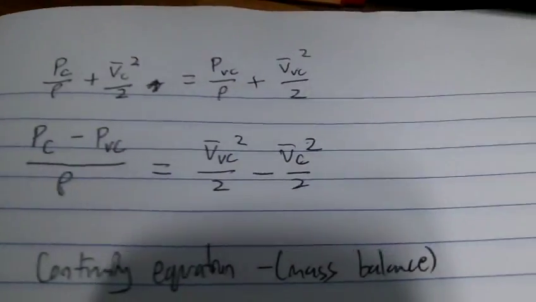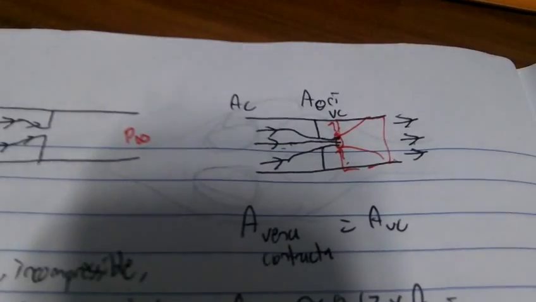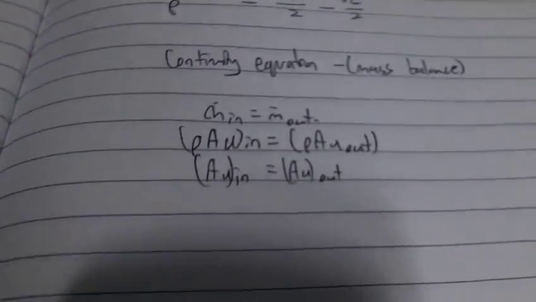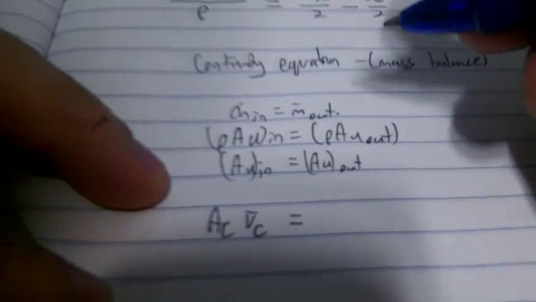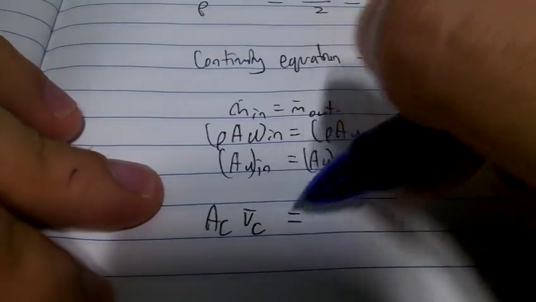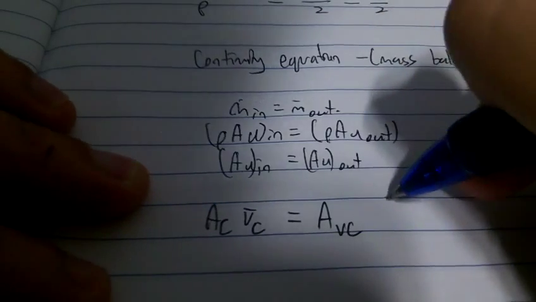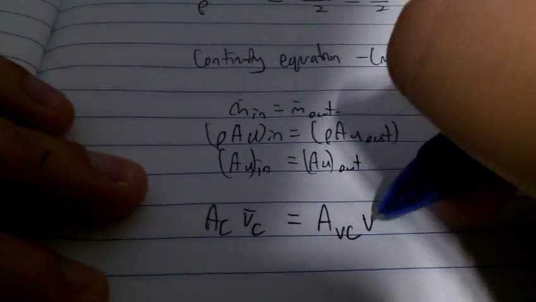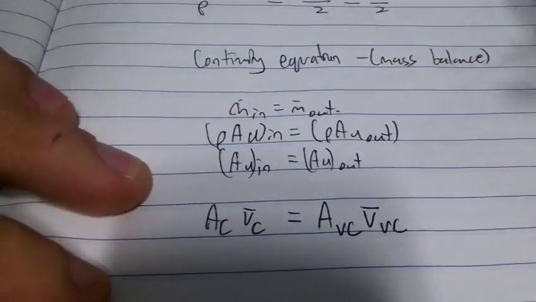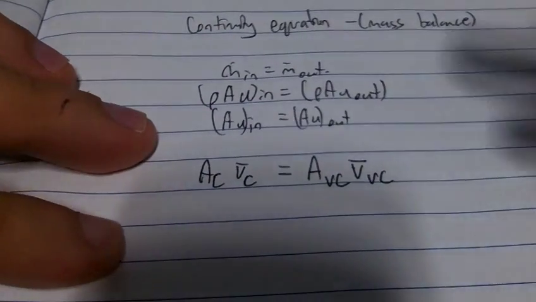Since we know A_C and the area of the orifice, we can plug that into our equation as well. So A_C times V_C equals A of the vena contracta times velocity at the vena contracta.